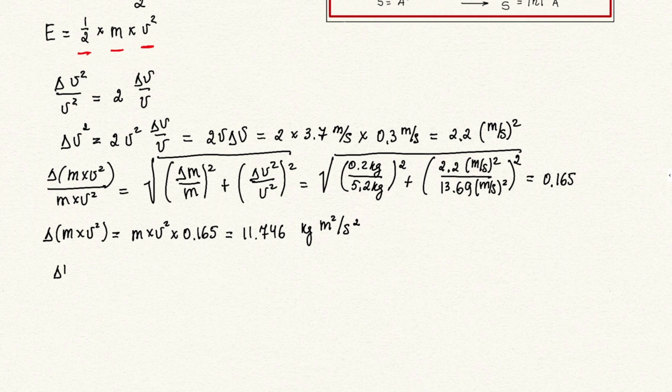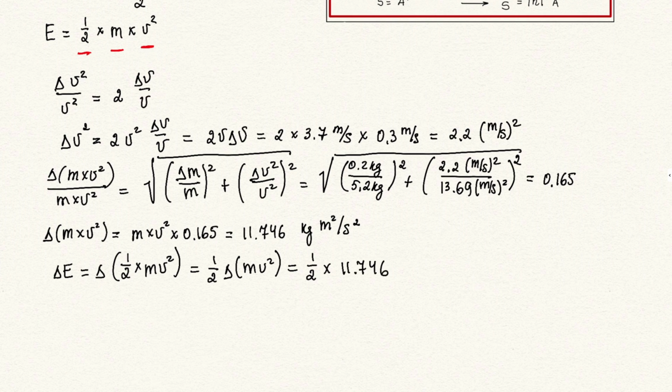So we can write down that delta E equals uncertainty of 1/2 times mv squared, and I can pull out 1/2, and then I can plug in my numbers. 1/2 times 11.746 kilograms meter squared per second squared, and I get 5.87 joules.